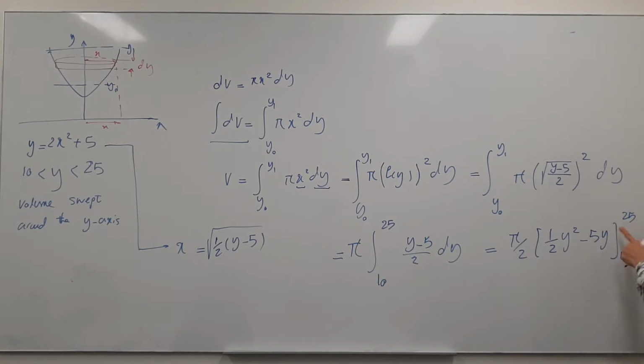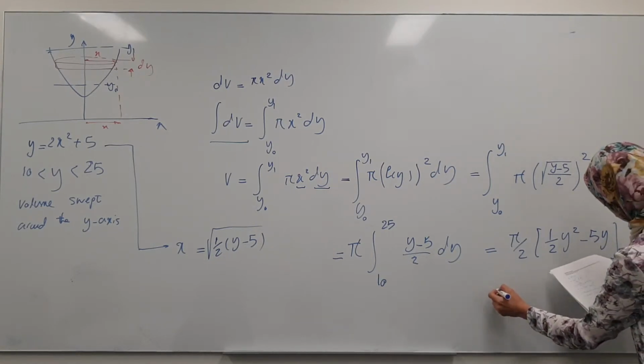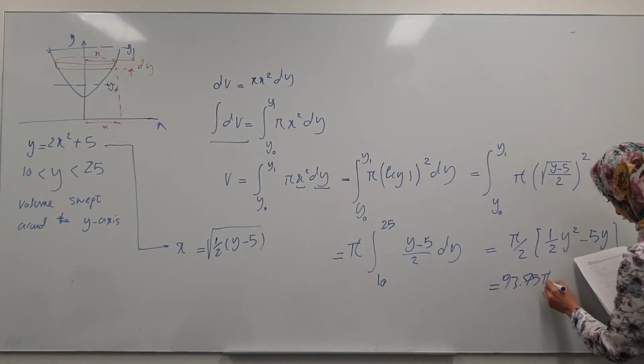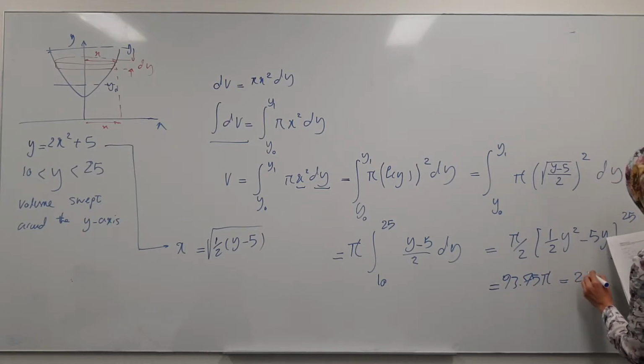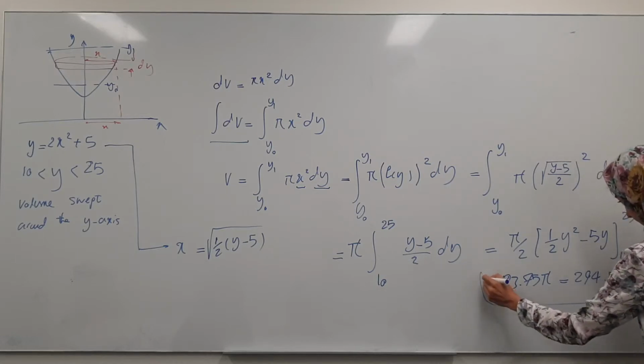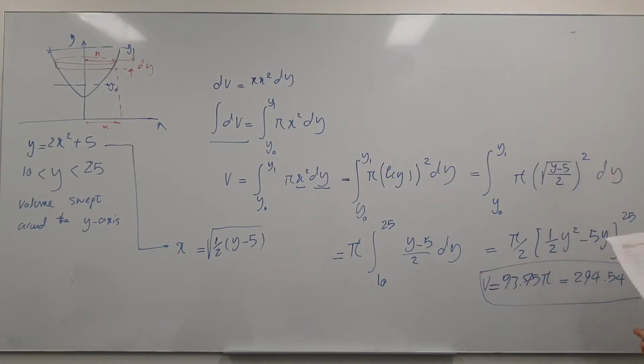If I just replace these values in the integration, the final answer will be 93.75 pi, or 294.54 cubic units. That's the final answer, okay?